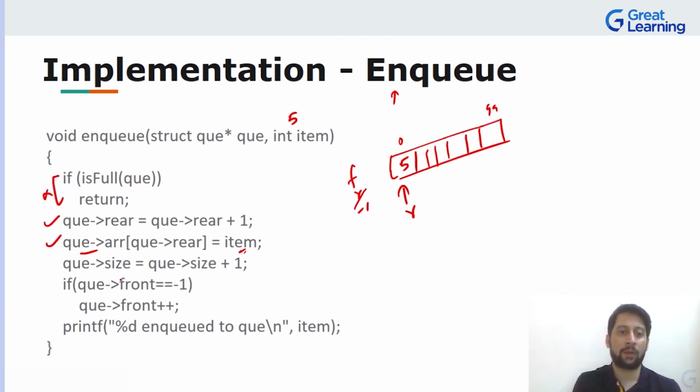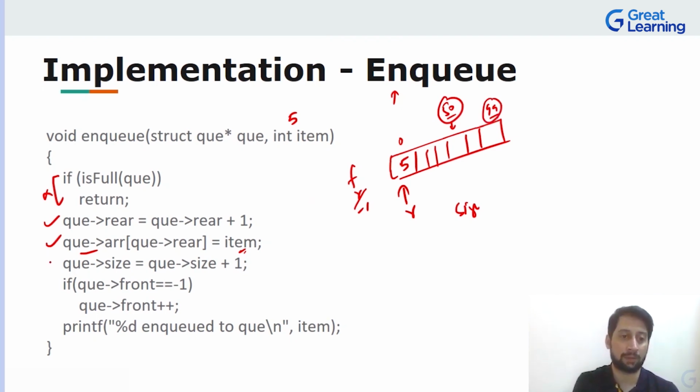Then we update the size. This helps us keep track of the number of items that are in this queue, because we are also removing items. Let's suppose we are over here and this is the 50th index, so the size is 50 right now, and we can still insert elements up to index 99.